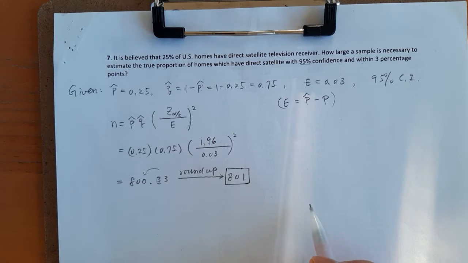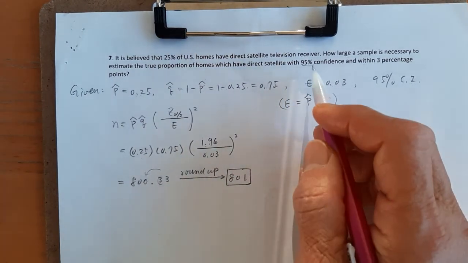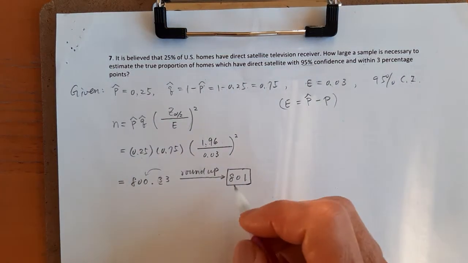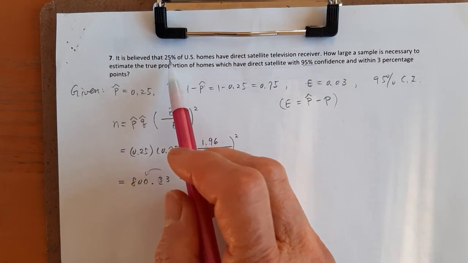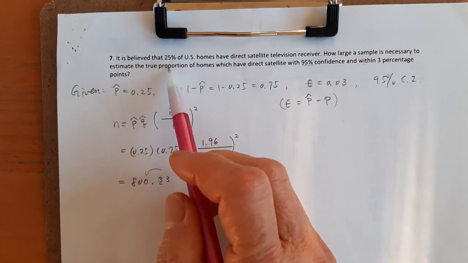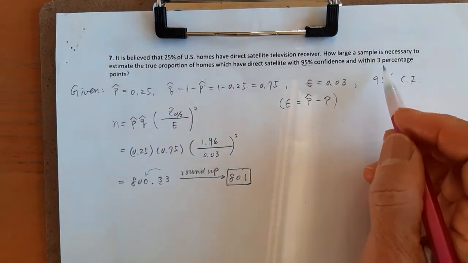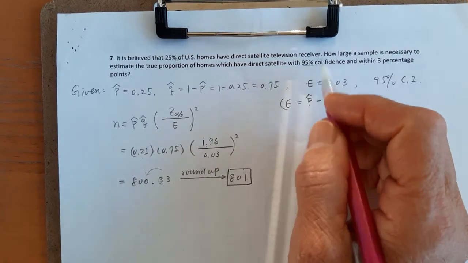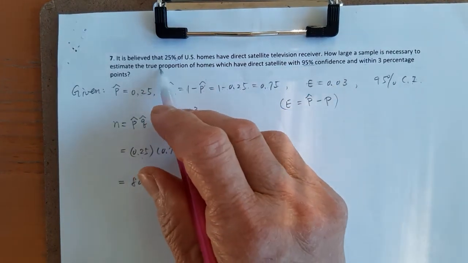Then you can get 95% confidence that your survey 25% is within 3% of the true proportion.